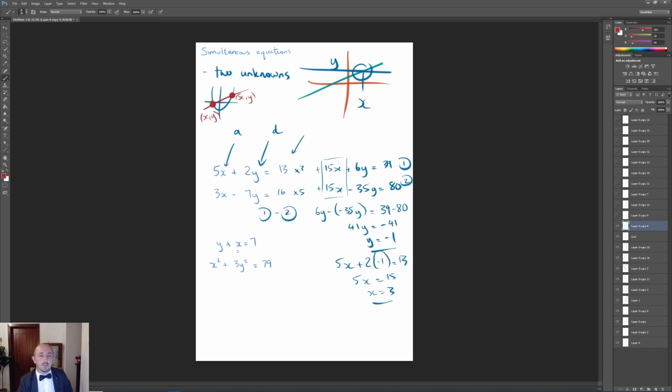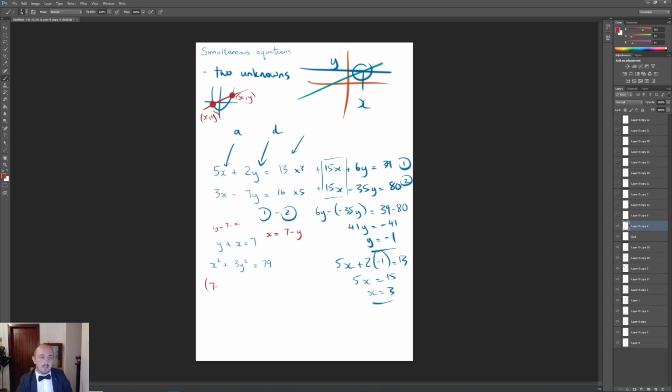How do we do it? Well, we take the linear equation and substitute it into the quadratic. So I'm going to choose x equals 7 minus y, and I'm going to substitute that into this equation. I could have done y equals 7 minus x, that will work too. It just looks a little bit easier to substitute for x in this case.